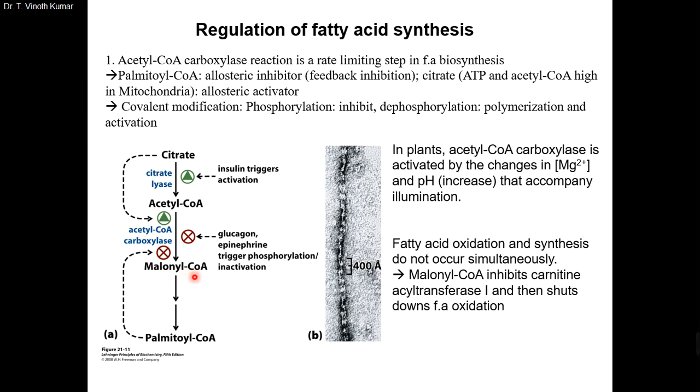The second one is by the hormones. We have two hormones, mainly insulin and glucagon. You know that insulin is very important for carbohydrate metabolism, and also glucagon. You can see here the insulin triggers the activation of conversion of citrate to acetyl coenzyme A, and this acetyl coenzyme A once formed will go subsequently for the synthesis of malonyl coenzyme A, and palmitoyl-CoA is synthesized.